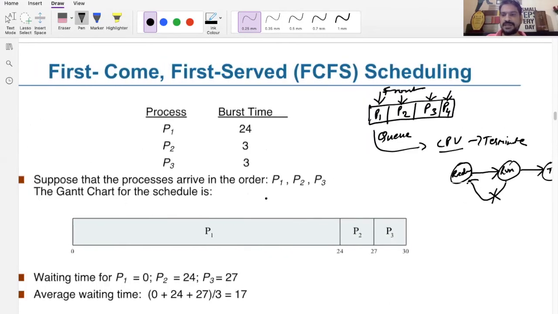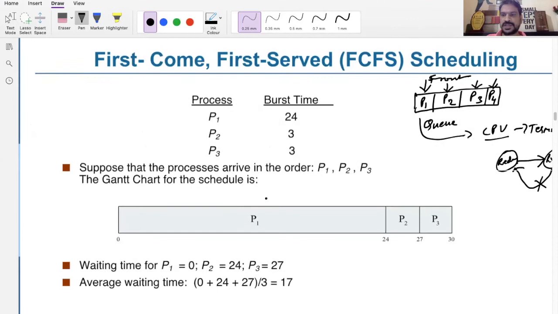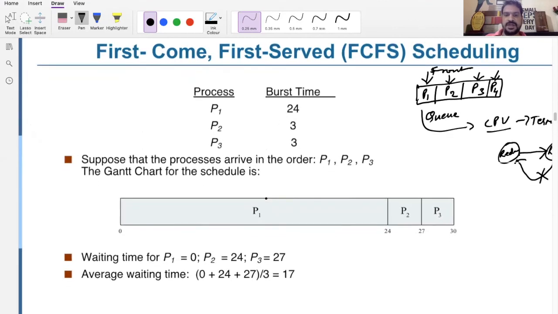Let's see one example related to the first come first serve algorithm. We have three processes here: process 1, process 2, and process 3. We have the related burst times written here. The burst time for P1 is 24, for P2 it is 3, and for P3 it is 3.